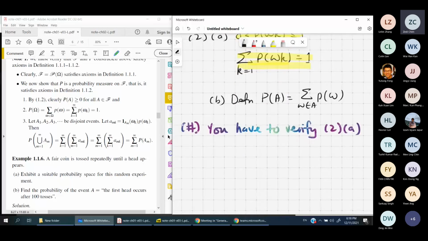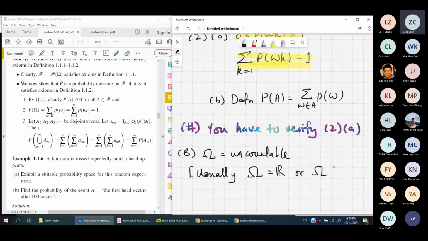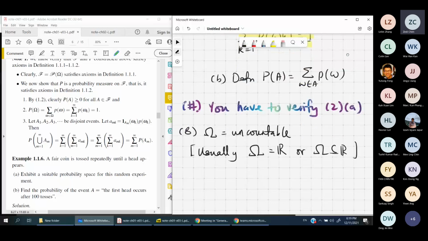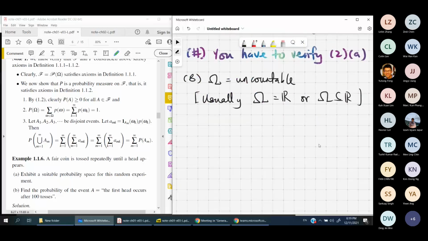Next we come to the next case. For B, what happens if omega is uncountable? For this uncountable case, usually we take omega to be R, or omega to be a sub-interval of R. In this case, we have the best option.